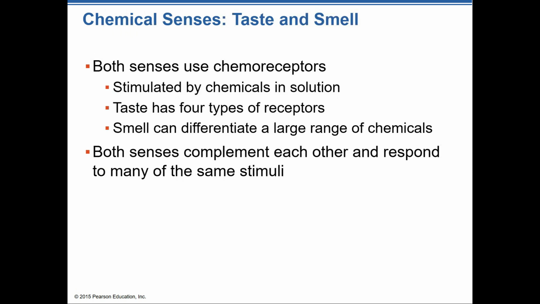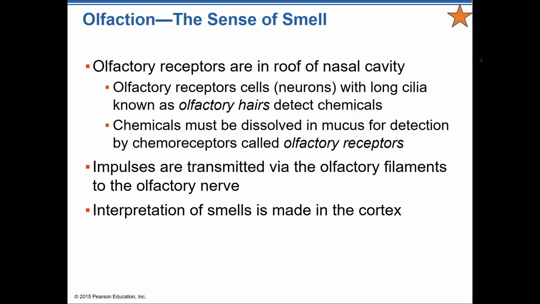Taste has 4 types, even though we have 5 different taste sensors that work together to get that fifth one. And smell is going to have a whole bunch because, again, we have different receptors for different molecules. They work together and complement each other to give us a depth of sense, right? But they respond to the same stimuli, which is those chemical bonds.